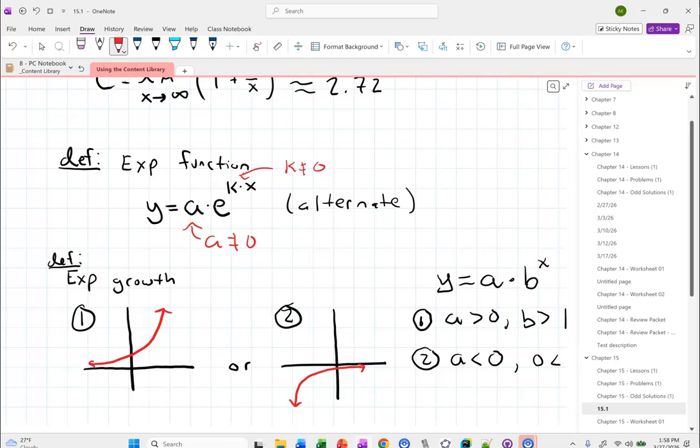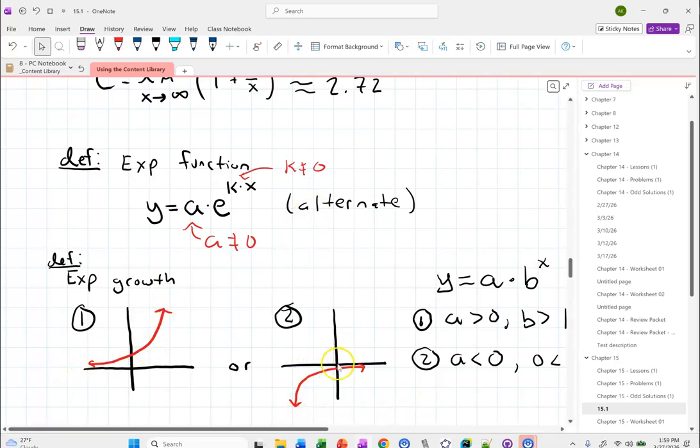Now that we have these two different ways of writing exponential functions, what we want to do is classify the types of exponential functions we have into two categories. Those two categories are growth or decay. We say something's in exponential growth if it's increasing as we go from left to right. So if I look at this guy, he's increasing.